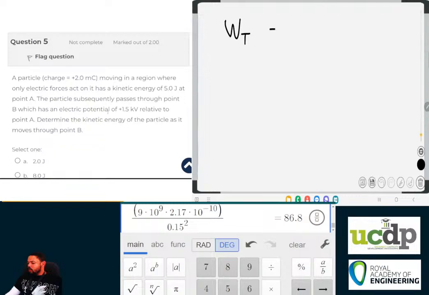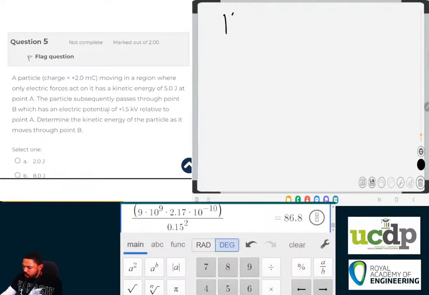The total work should be equal to the kinetic energy at point A plus the work done to move from A to B. That should be your total energy. Oh no, rather it should be like this.